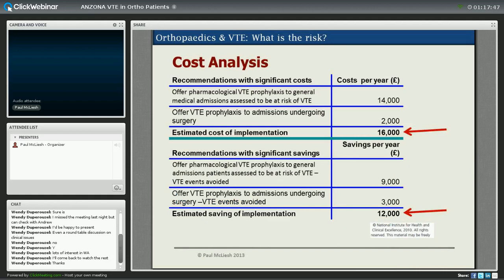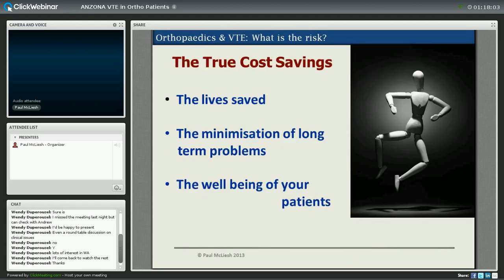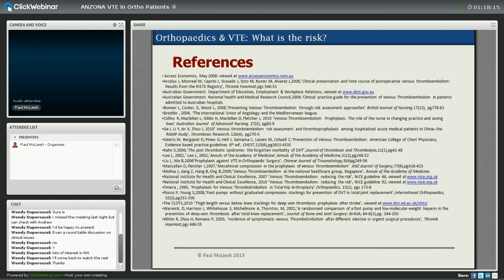And this is what's been demonstrated by NICE in 2010, that there was a cost associated with implementation, but the overall savings were greater over the longer period. And the other true cost saving is the lives of the patients, and obviously minimising the long-term problems as well, and the well-being of the patients, which is really the most important thing.